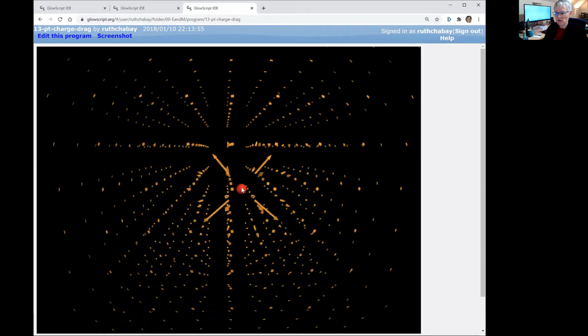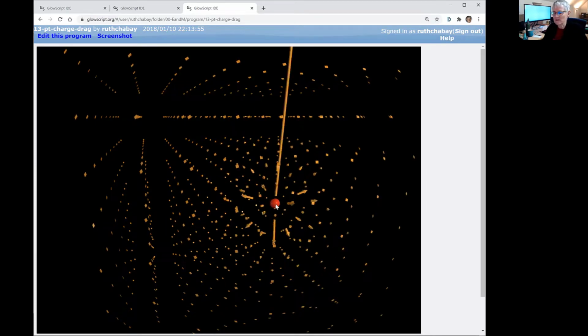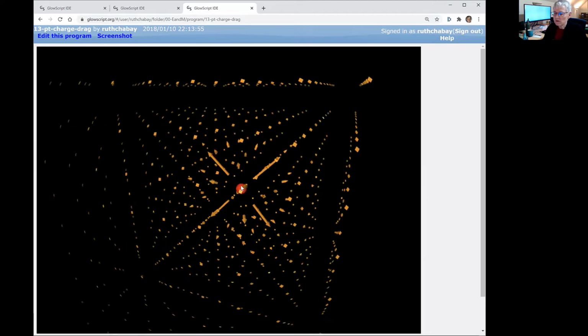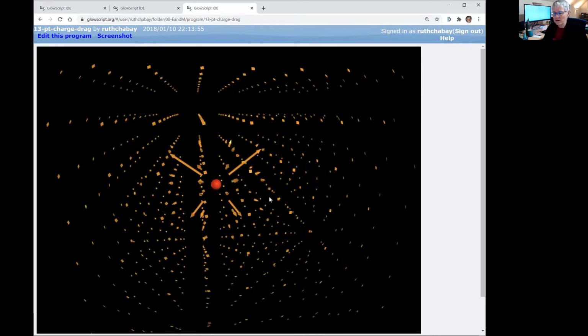If we move the charge, information about the location of the charge only travels with the speed of light. So it gets to locations close to the charge before it gets to locations farther away. And that's an interesting feature of this. So this is our invisible orange web of vectors everywhere in space, waiting for some charge to come along and feel a force.